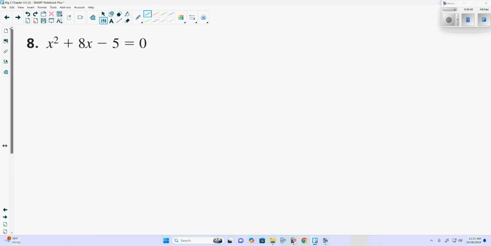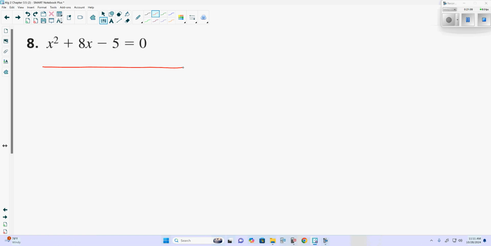x squared plus 8x minus 5 equals 0. Is a equal to 1? Is the number in front of x squared equal to 1? Well, yes. So, yes. We can move on to step number 2. Get the constant terms by themselves and leave 2 spaces.